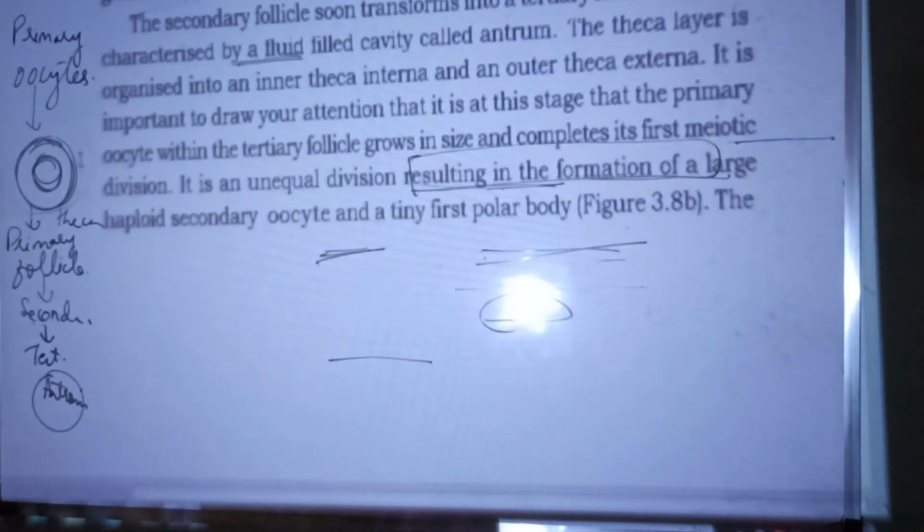This is an unequal division resulting in the formation of a large haploid secondary oocyte and a tiny first polar body.